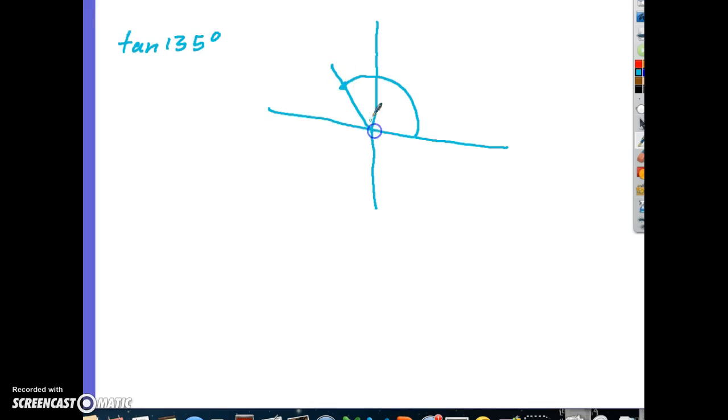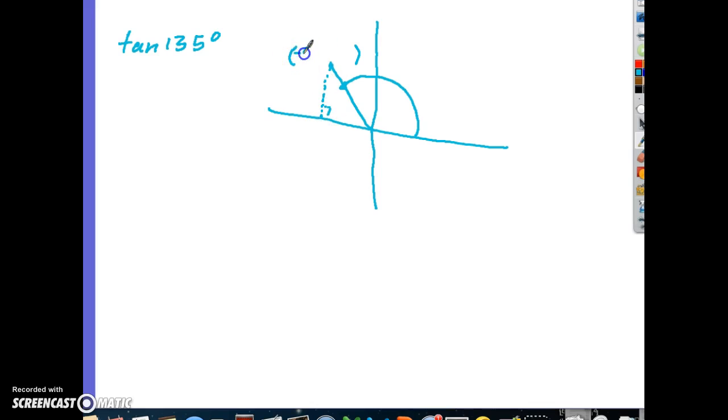On the unit circle, whenever we have 45, 135, 225, we have a certain x coordinate and y coordinate. It's going to be either square root of 2 over 2 or negative square root of 2 over 2. What do you think it should be? We're going this way for the x coordinate. If we were to do a right triangle, it would be down somewhere like this.